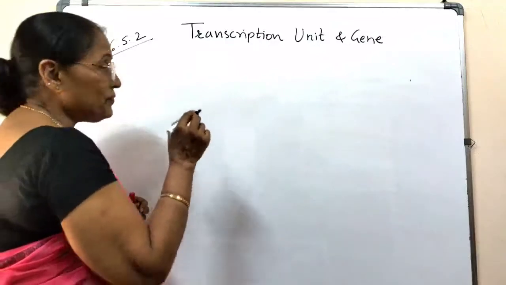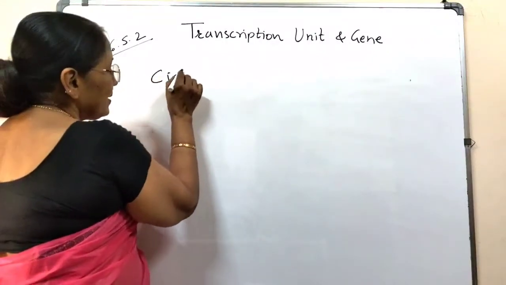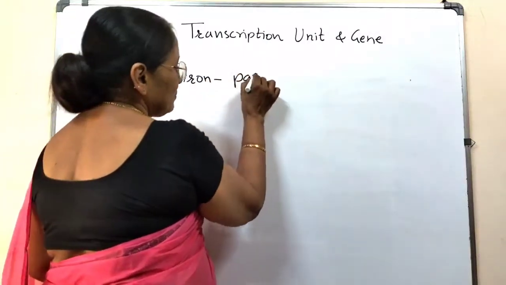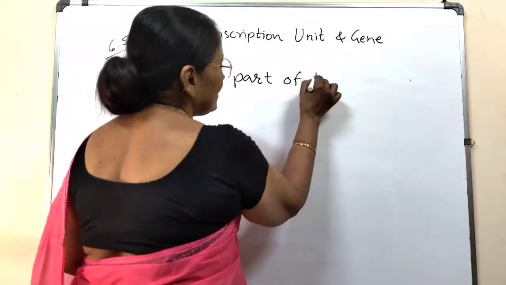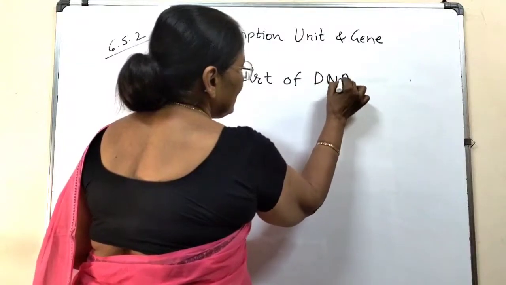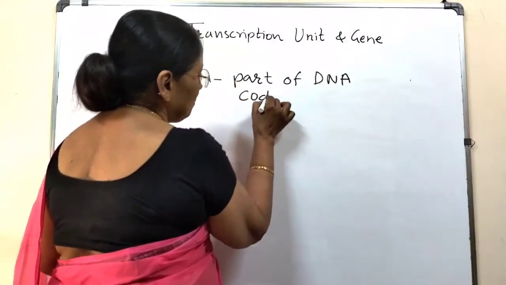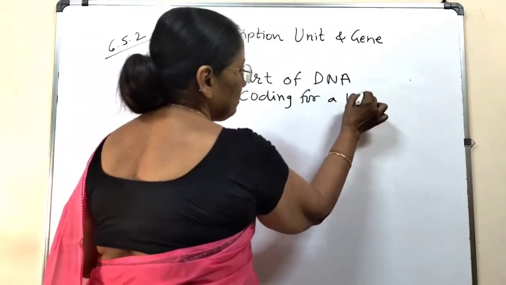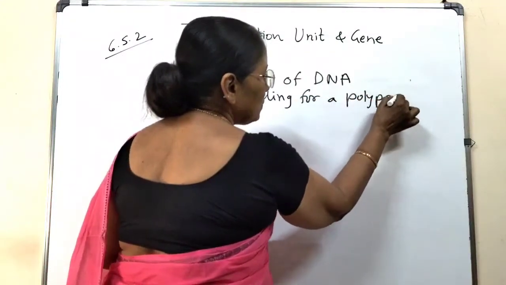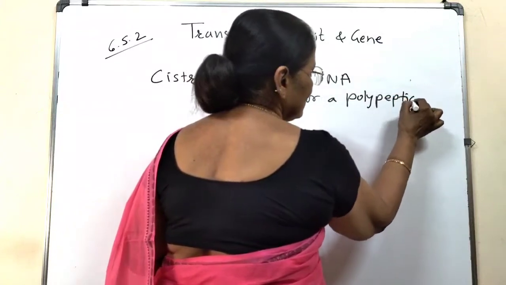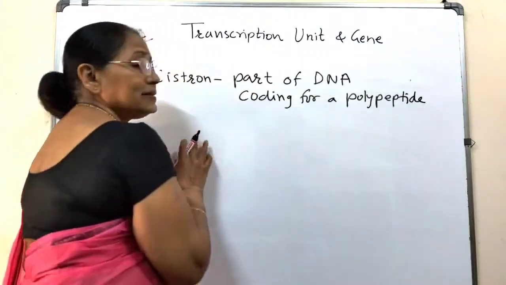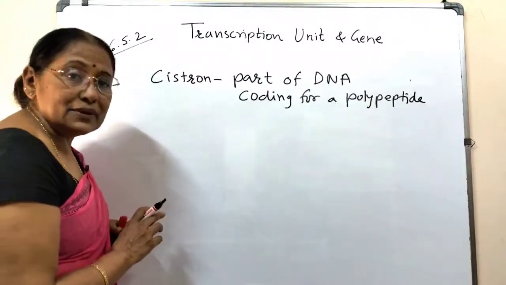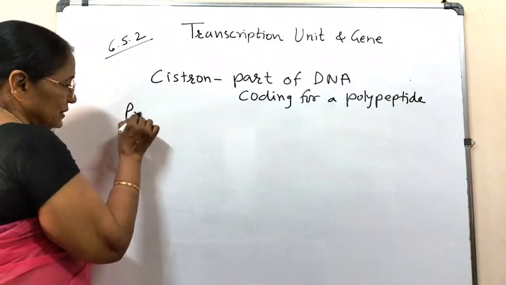Can we define it in such a way? If we define cistron as the part of DNA coding for a polypeptide, let us analyze this one. Let us see how it happens in prokaryotes and in eukaryotes.